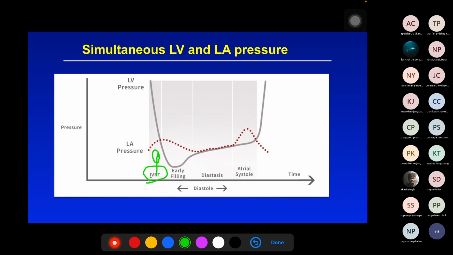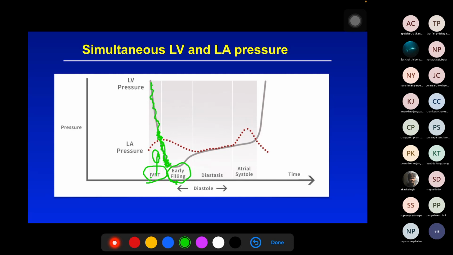During IVRT, it's relaxation to make the LV pressure come down below the LA pressure. When it's below the LA pressure, the mitral valve opens. When the mitral valve opens, the second phase is very rapid filling.